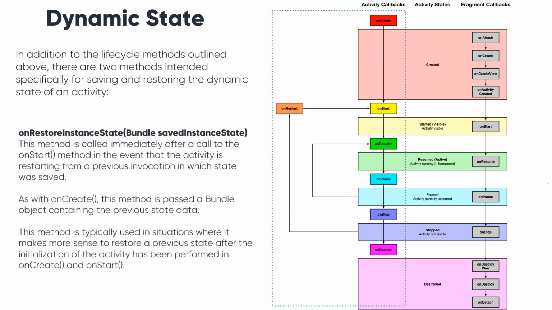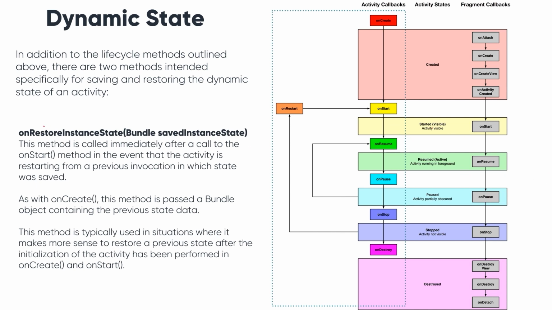The onRestoreInstanceState method takes a bundle object as a parameter. This method is called immediately after a call to the onStart method in the event that the activity is restarting from a previous invocation in which state was saved. As with the onCreate method, this method is passed a bundle object containing the previous state data.